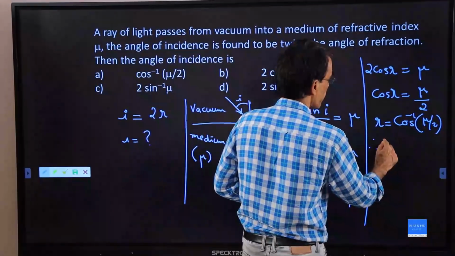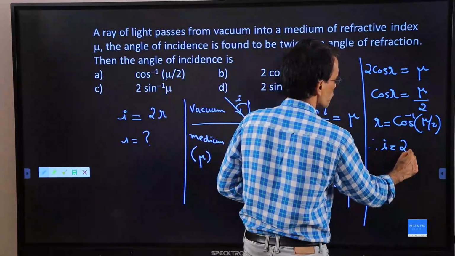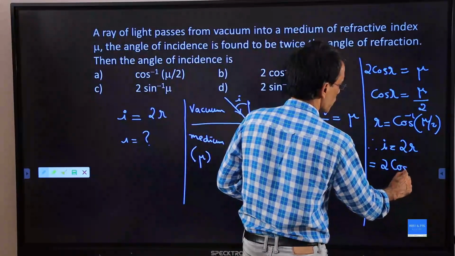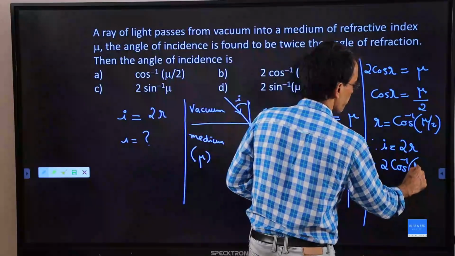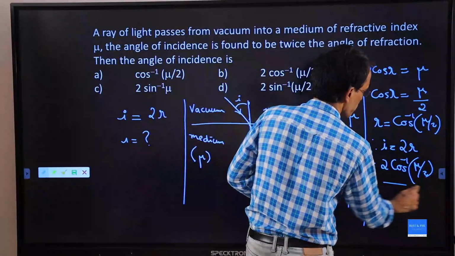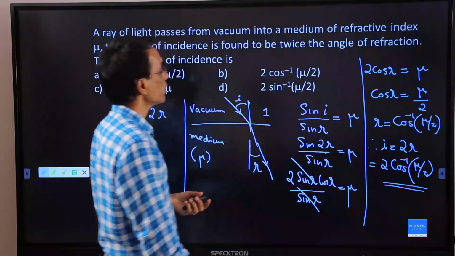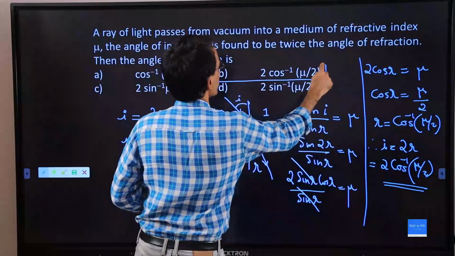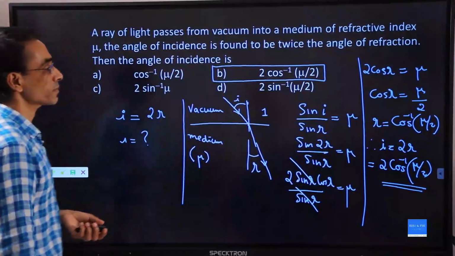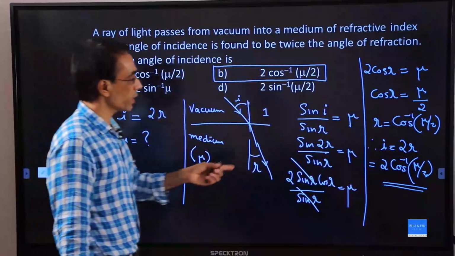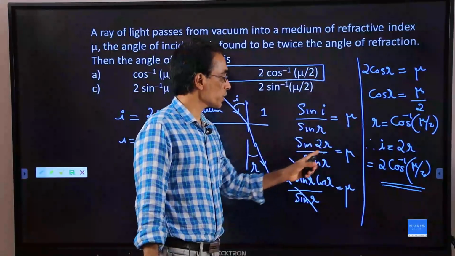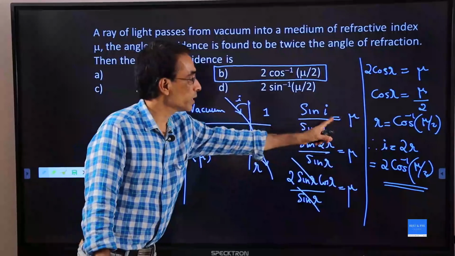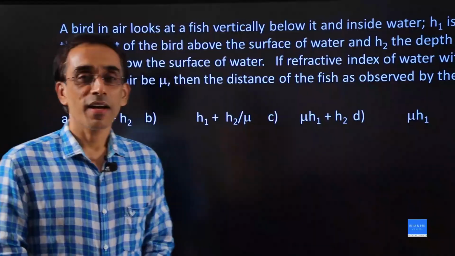Therefore I is equal to 2R, which is equal to 2 cos inverse mu divided by 2. And where is that option? 2 cos inverse mu by 2 is this option. We use the trigonometric identity sin 2 theta equal to 2 sin theta cos theta, and directly we use the Snell's rule.